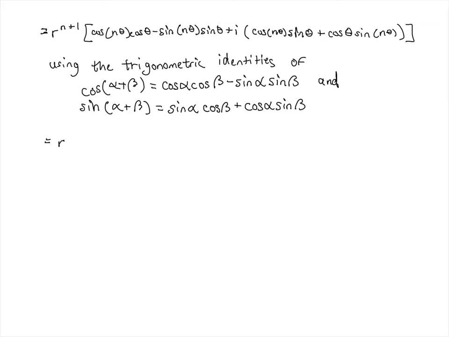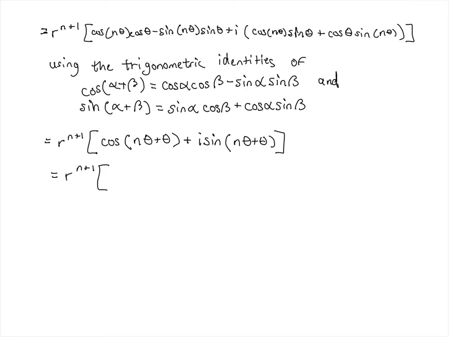So we're going to get that down to r to the n plus 1 times the quantity of cosine of n theta plus theta plus i sine of n theta plus theta. And essentially, you can keep going with this and just factor out a theta within the inside of that cosine.